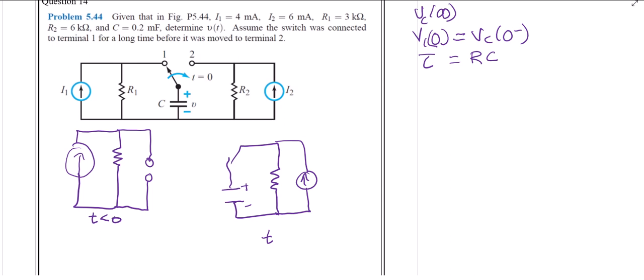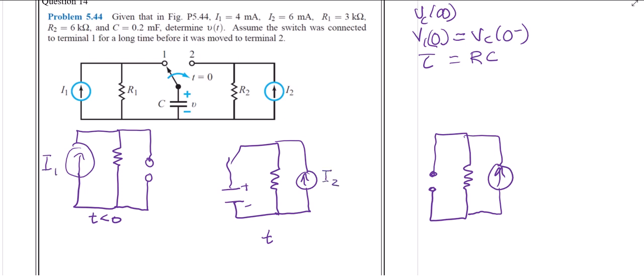So at infinity, once again, our capacitor will be like an open circuit. We're going to want to draw one more circuit later on to get our resistance. We'll do that later.